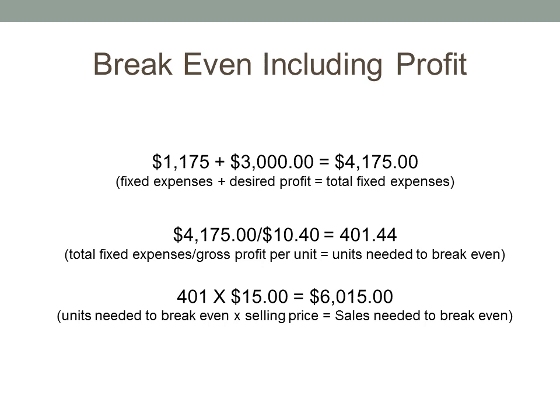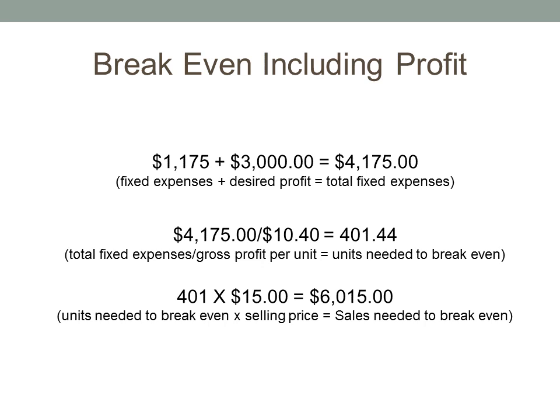So now we have a new number. So now his total fixed expenses is $4,175. And now, to get the number of units and sales that he needs to break even, we do the exact thing that we just did, only now we have our new fixed expense cost with his salary added to it.